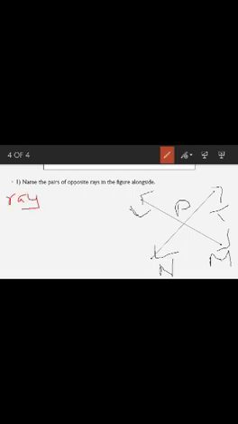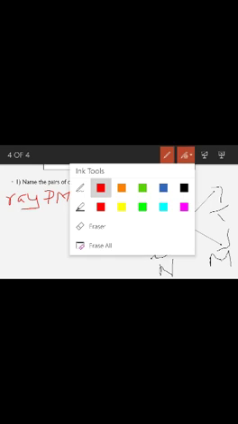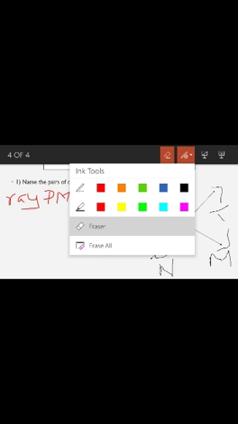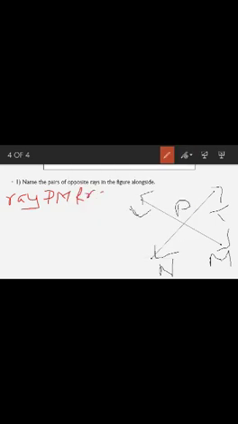Ray PM and ray PL. The second pair is ray PT and ray PN. These are the pairs of opposite rays.